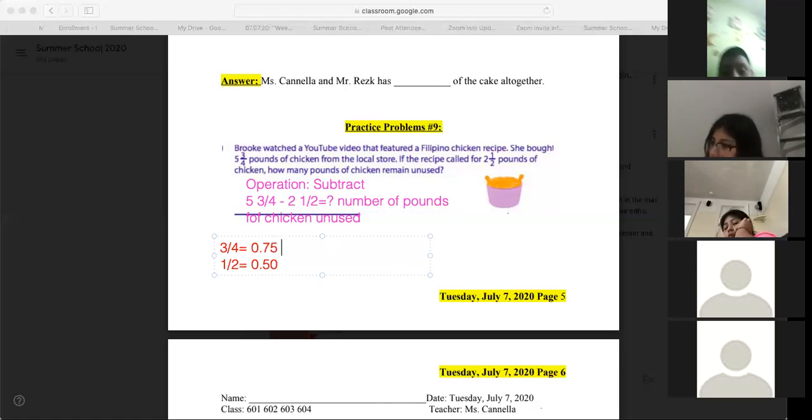So now I converted the fractions to decimals. So now I can say over here in another box that 5 and 3/4 is the same as 5.75. And I want to subtract 2.5, which is the same as 2.50.